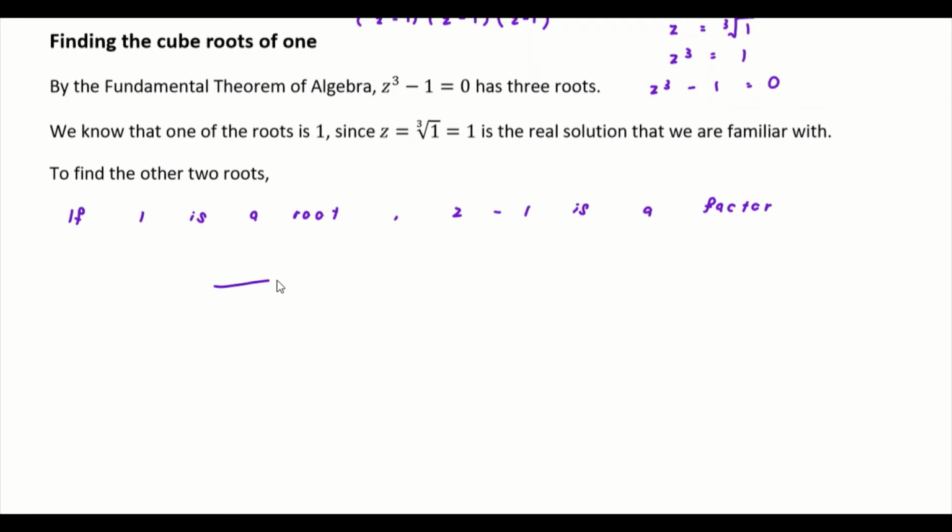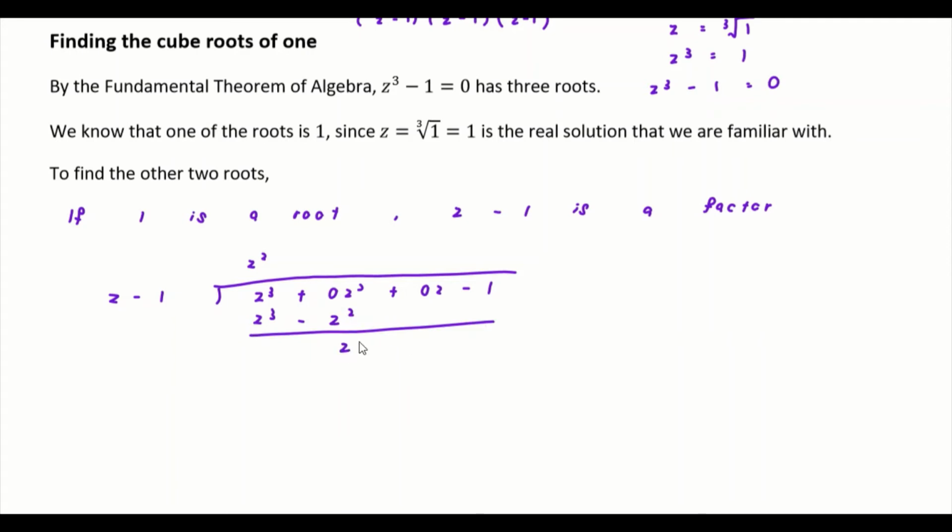So the division, z cubed plus 0z squared plus 0z minus 1, divided by z minus 1. Let's try to carry out the division. So I have z squared, so z cubed minus z squared.